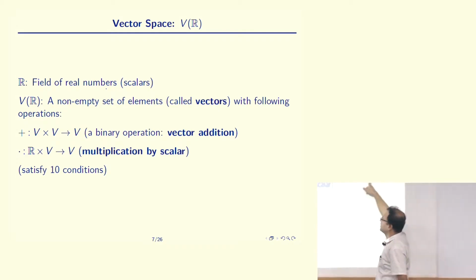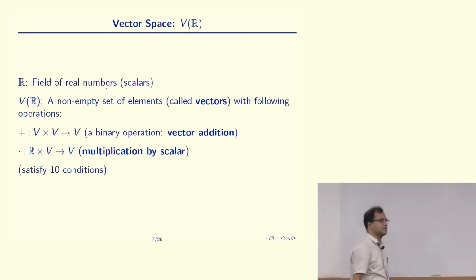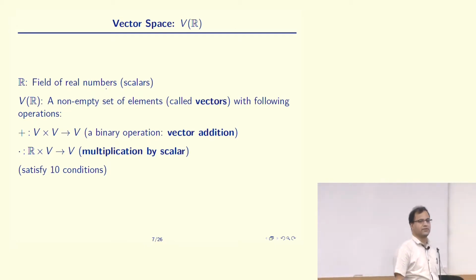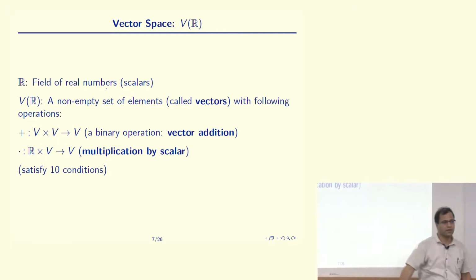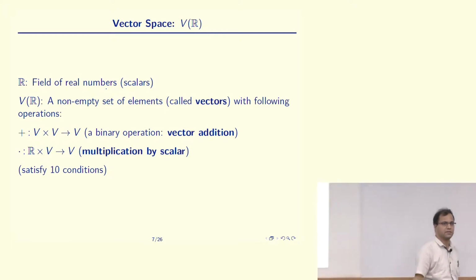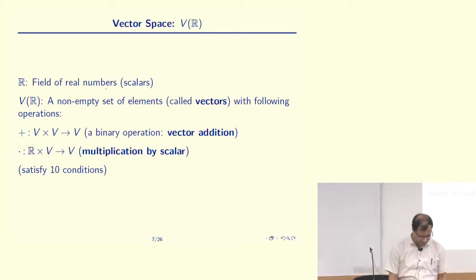The first one is vector addition. If you add two vectors, they should again give another vector. And if you multiply a vector by a scalar, that will again be a vector. These are the two operations we will be considering in a vector space.